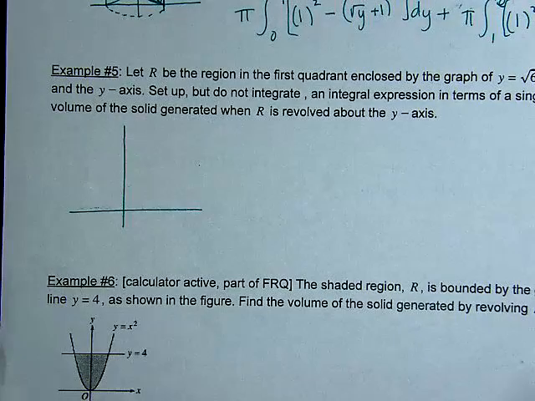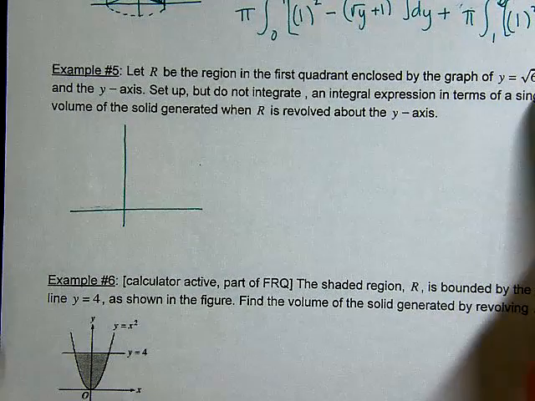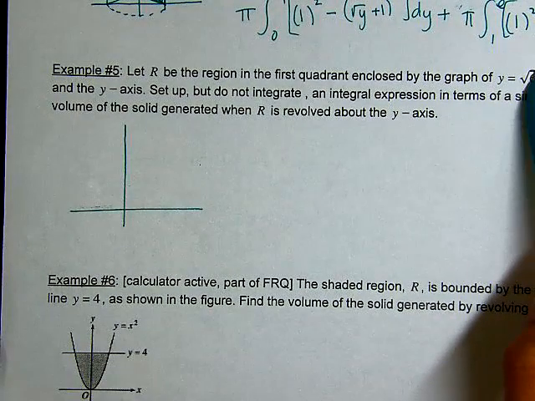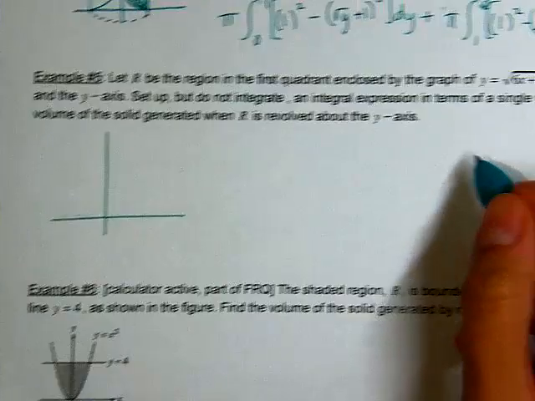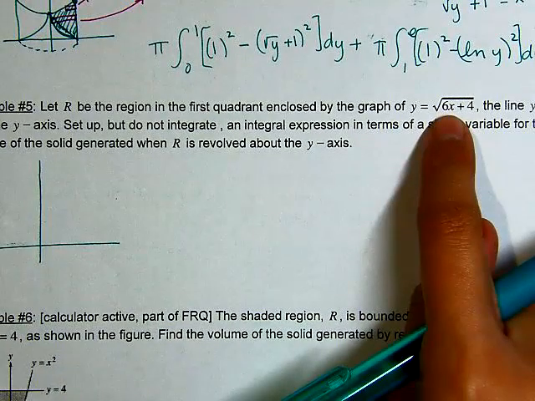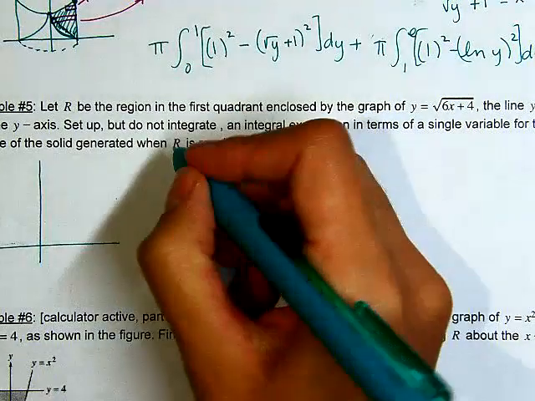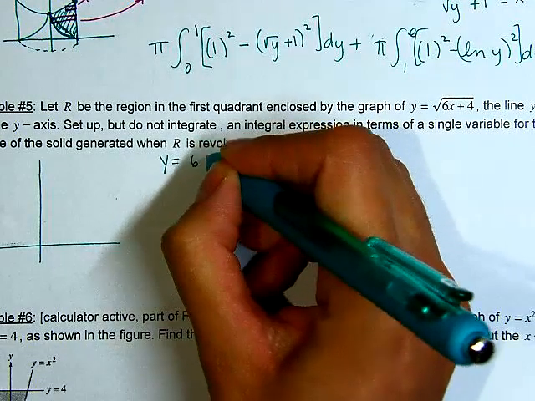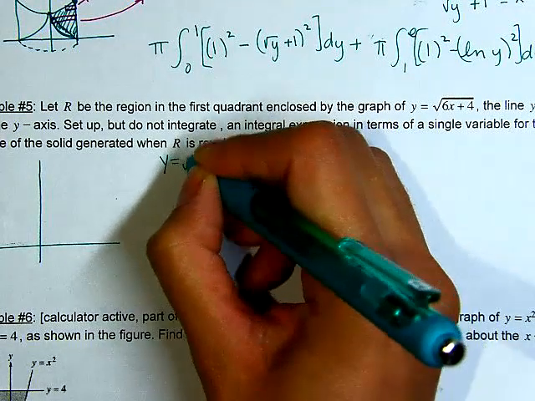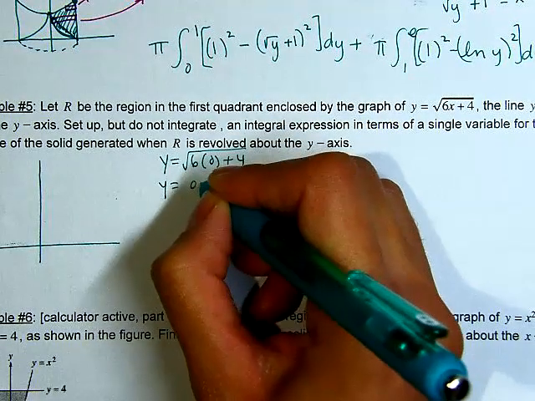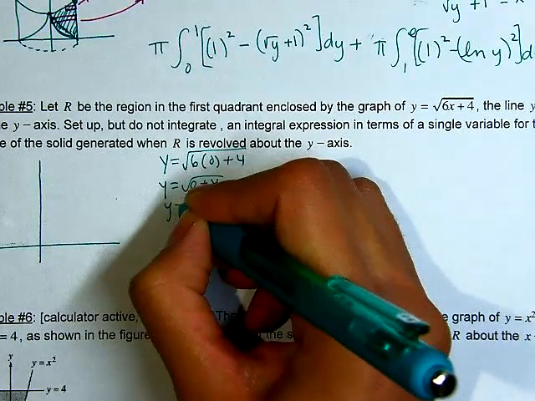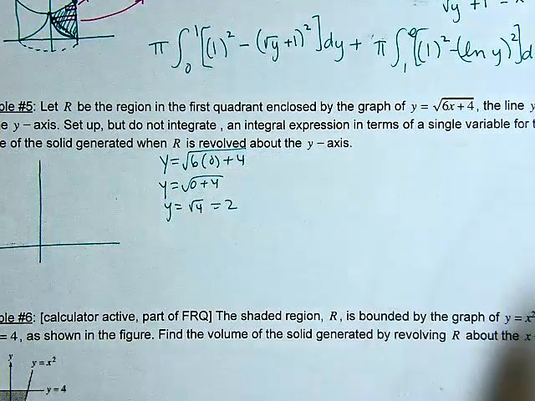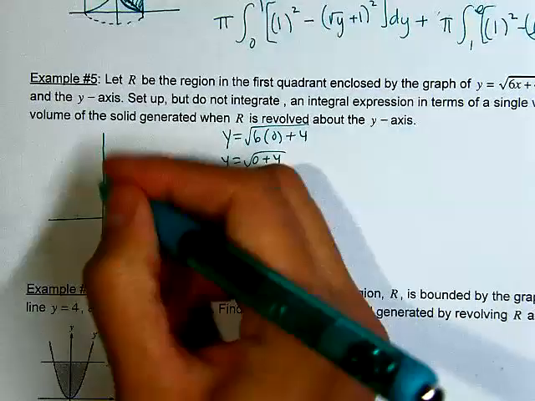So we are in the first quadrant. I'd like to know what this square root graph will look like. So if I plug in 0 for x to find the y-intercept, I see my y-intercept is at 2.